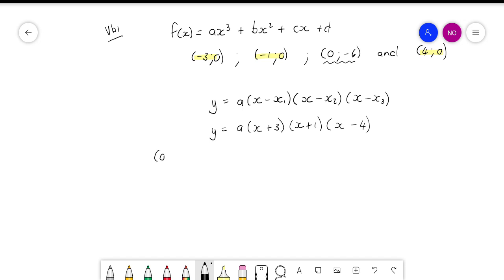So ek gaan stel hom in, want dan gaan jy oor hê dat net A oorbly. Like that. And then you get A is equal to 1/2.